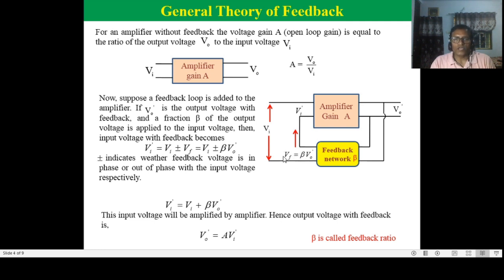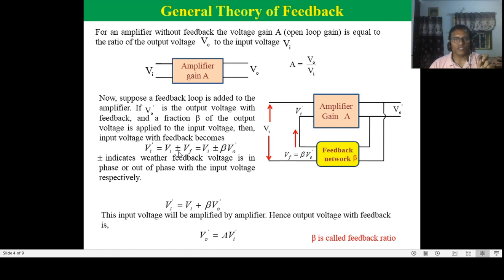So, this much voltage Vf is taken from the output and it is fed back to the input through this feedback network, so that the new input Vi dash becomes Vi plus or minus Vf. Now here this plus or minus sign indicates whether the feedback is in the same phase with the input or not.